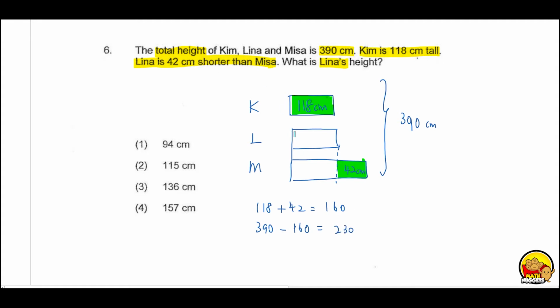Now 230 would be the blue parts left. Okay, if you notice, they are actually 2 equal parts, which means now I will be able to take 230 divided by 2 and get 115. So the answer is option 2.